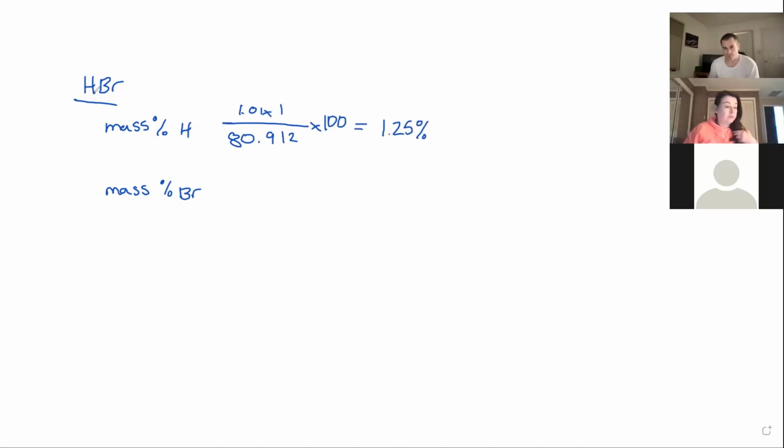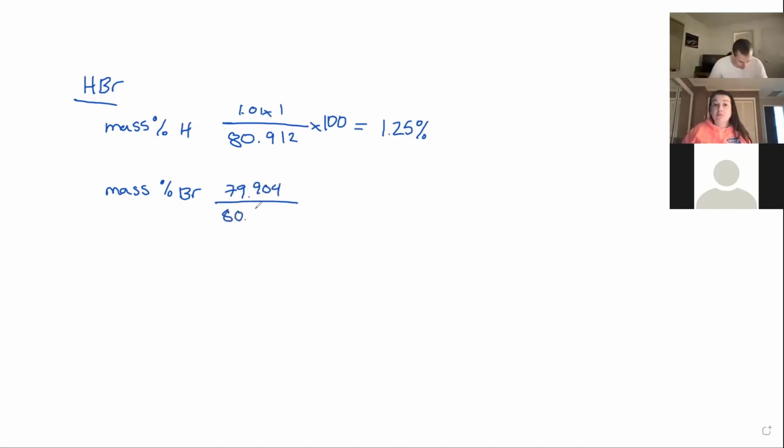That's why. So to figure out the mass percent of bromine, we're going to take the mass of the bromine, which is 79.904, something like that.